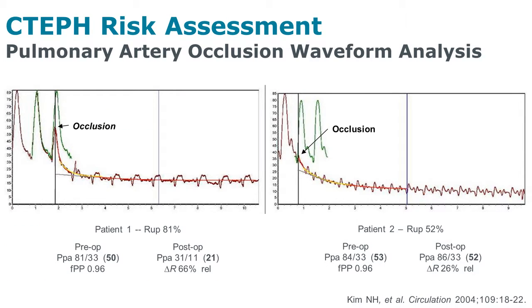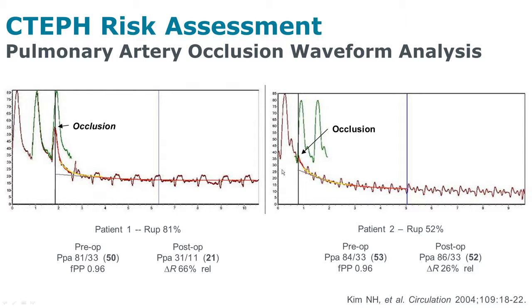And in addition to that, my group is collecting data on pulmonary artery occlusion waveform, finding that the original observation published in Circulation in 2004 by Nick Kim is valid and reproducible, and provides another little stone in the pathway to the assessment of the patient.